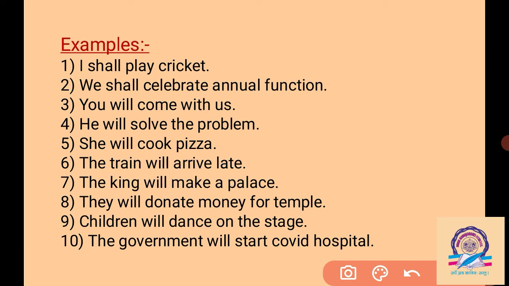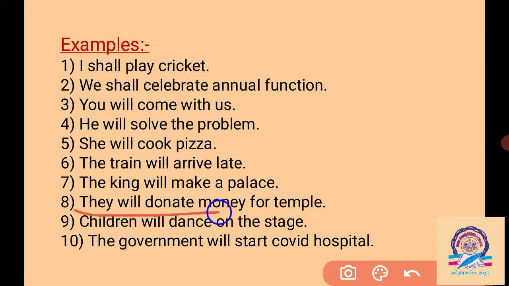It means for the train we can use it here. So with it we also use will arrive late here. It means with it we can also use will as a helping verb. Then the king will make a palace here. So with the subject the king, we have to use will make here.